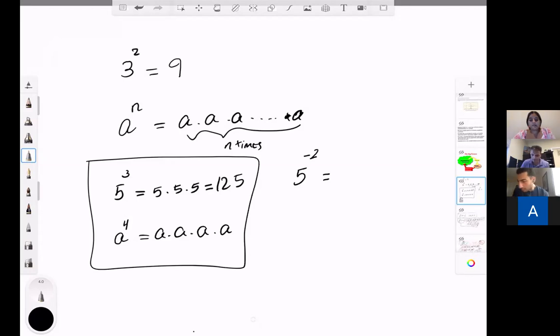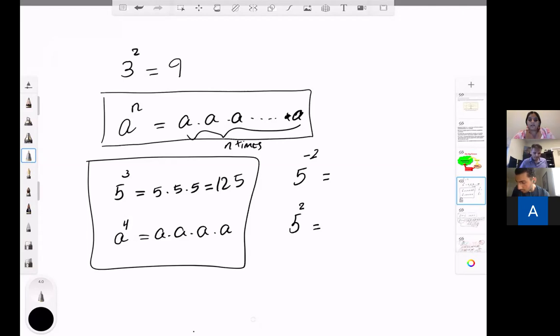What's the difference between 5 squared and 5 to the power of negative 2? Are these two going to be the same answer? No, definitely these are 2 different questions. In the property a to the power of n, you multiply the base n times only when n is greater than 0 and is an integer. That means 1, 2, 3, 4.